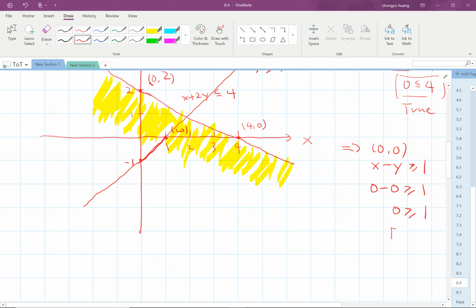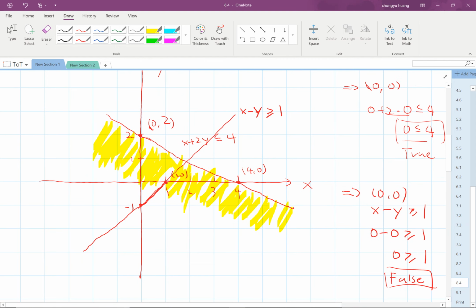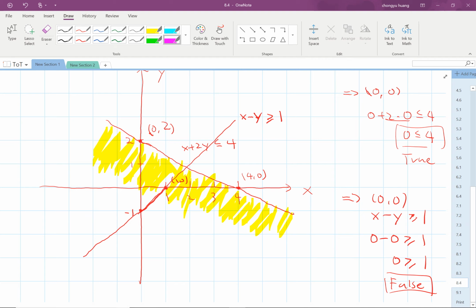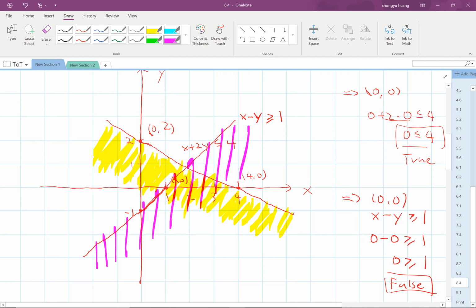The statement is a false statement, so I was using a purple one to indicate. Here you know that 0 is not included, so the region we have is something like this.